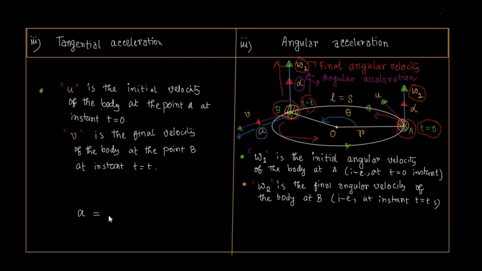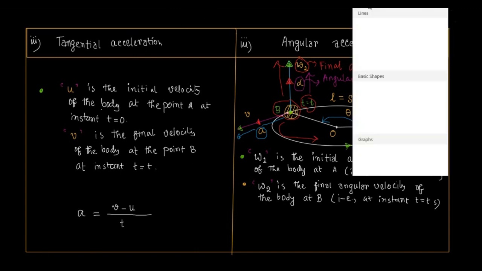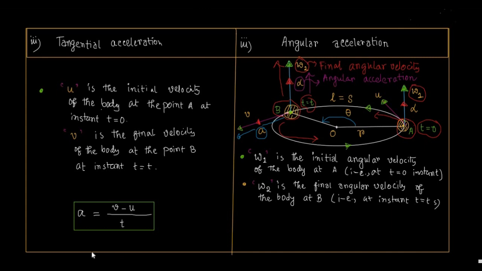Here tangential acceleration or linear acceleration A is equal to change in velocity, that is v minus u divided by time t, which is the linear acceleration or tangential acceleration of the body at the point B. In this case we have to assume that the tangential acceleration of the body revolving in circular orbit remains constant, and alpha is the angular acceleration which is change in angular velocity, that is omega 2 minus omega 1 divided by time t.